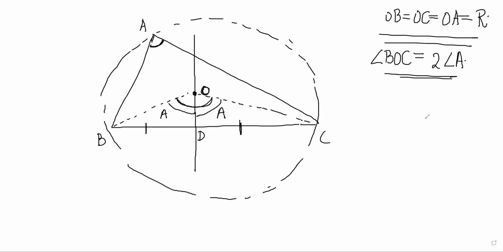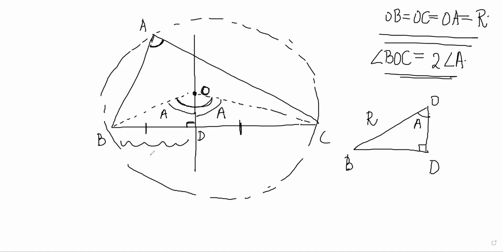Yes, sir. Now I have a situation like this, a small triangle like this, OBD, and the angle is A here, right? And this is 90 because it was a perpendicular bisector, right? Yes, sir. And OB is called capital R, right? Yes, sir. And this base is called a by 2 because the whole side was a, right?